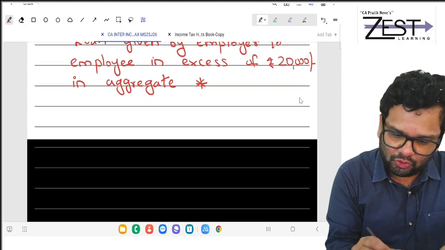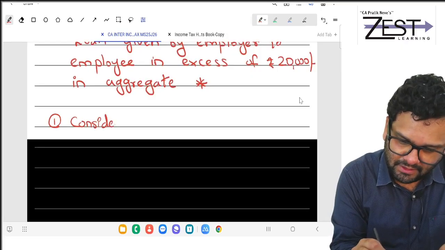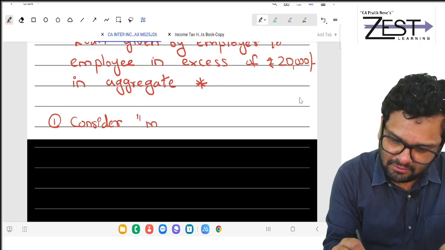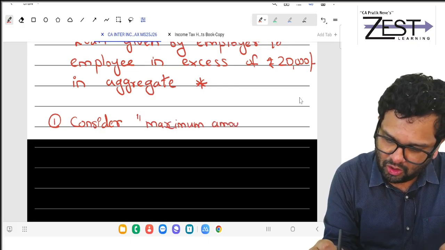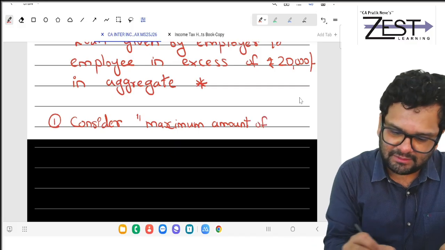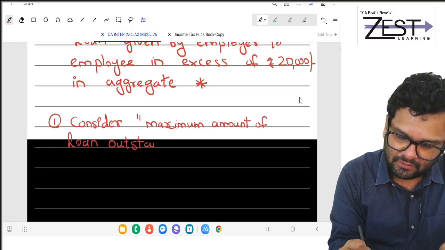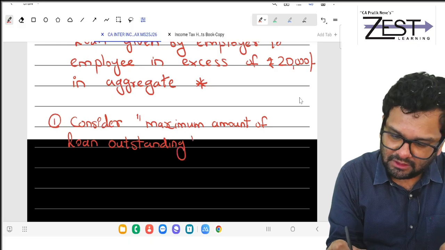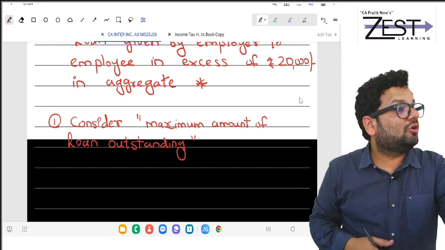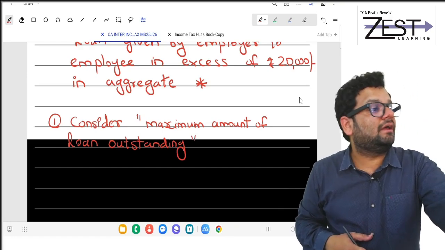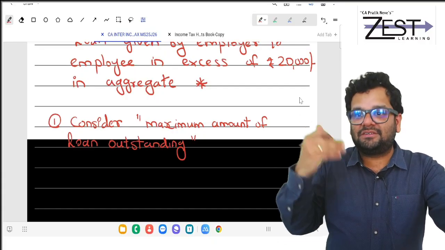So first step, consider the maximum amount of loan outstanding. You should appreciate that the amount of loan may keep changing each month, because the employee will keep paying principal plus interest.